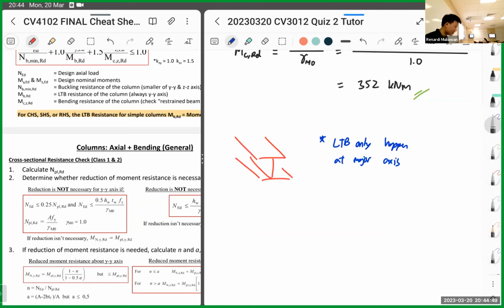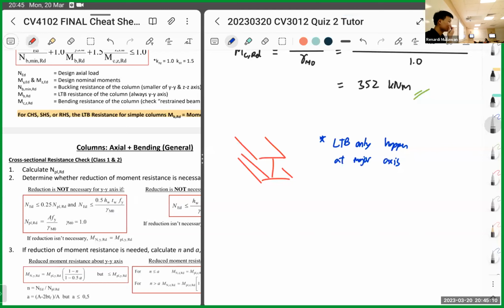You need to research the details because I don't know them. But it's the tendency for the section to twist like this, which is just on the major axis. So logically, since it only happens on the major axis, if your section doesn't have a major or minor axis, there's no LTB.